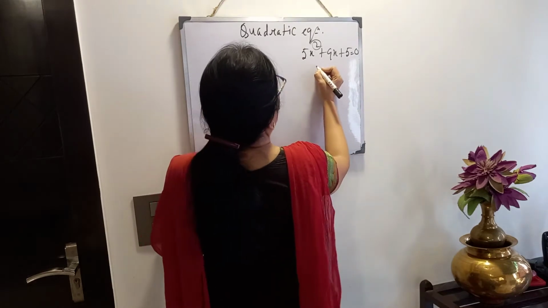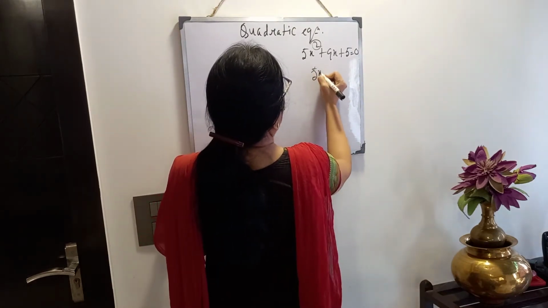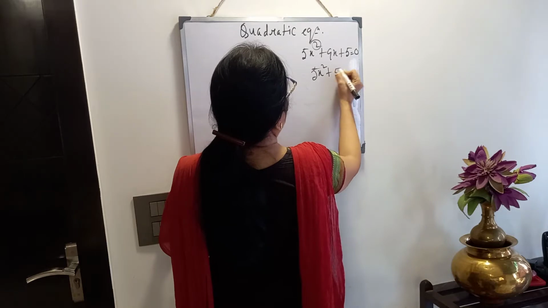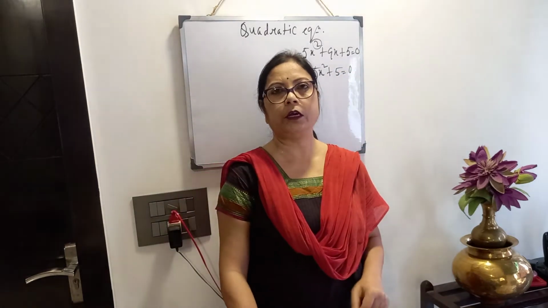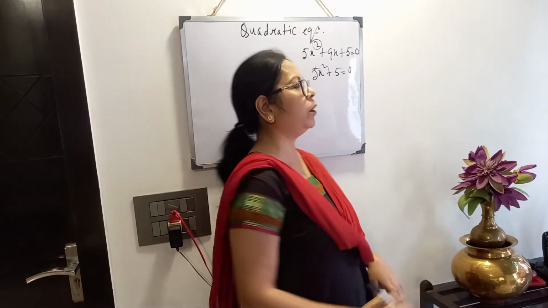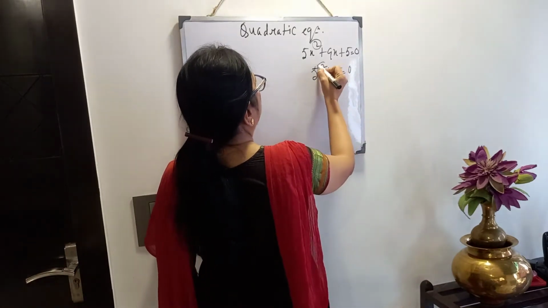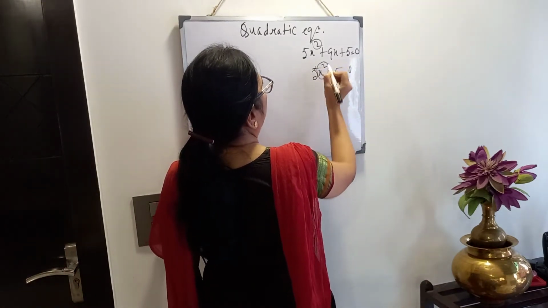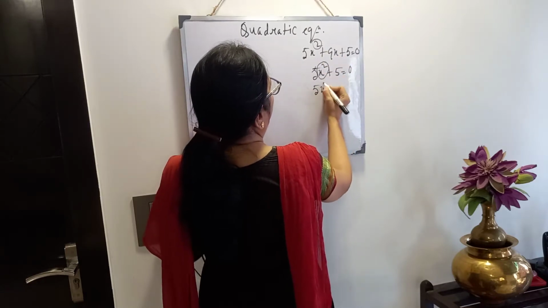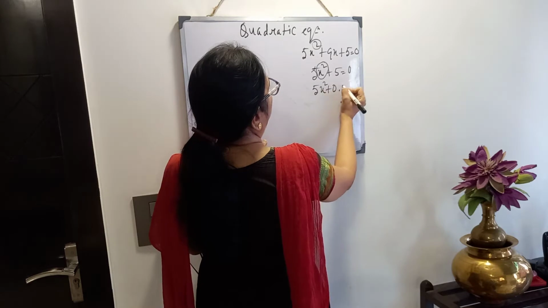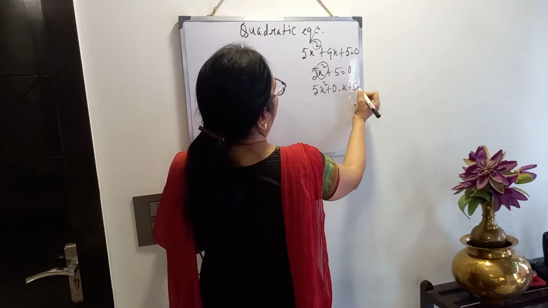Now if the equation is in this form, 5x square plus 5 equals to 0, is it a quadratic equation or not? Yes, it is also a quadratic equation. Why? Since the highest power of the variable is 2, but it is not in that form, we can make it in that form in this way: 5x square plus 0 into x plus 5 equals to 0.